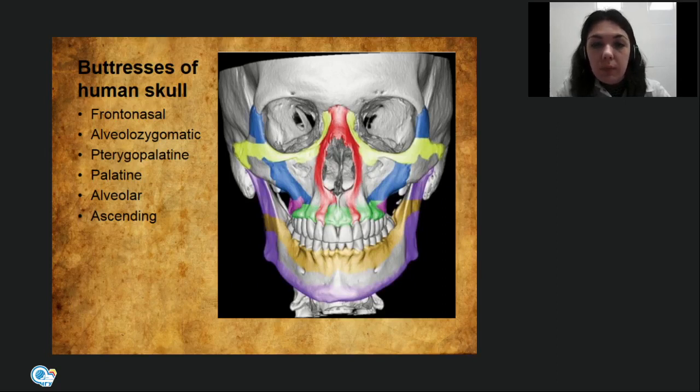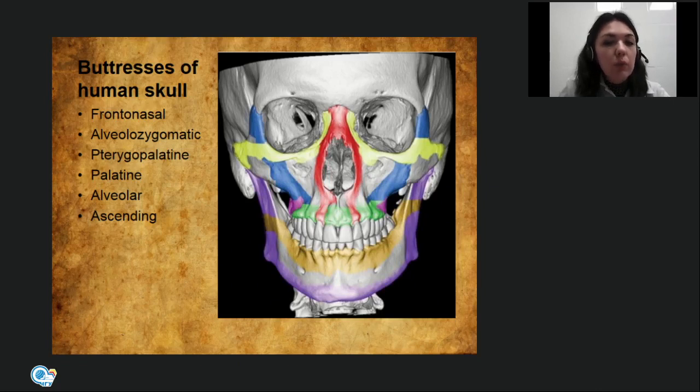So which buttresses are distinguished? There is the frontonasal buttress that goes from the frontal bone, frontal process of the maxilla and nasal bone. There is the alveolar zygomatic buttress that goes from the alveolar process of the maxilla to the zygomatic bone. Here we can see it.